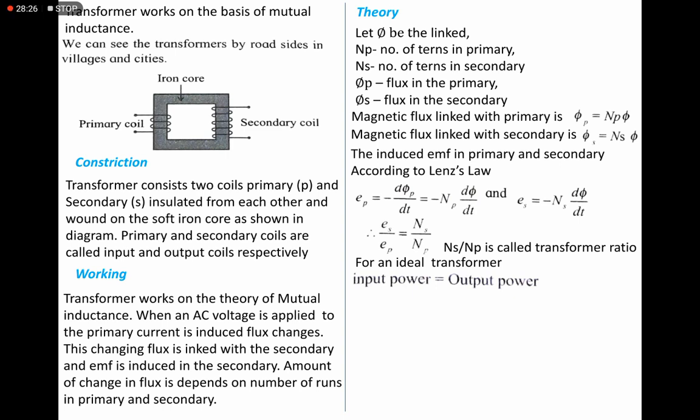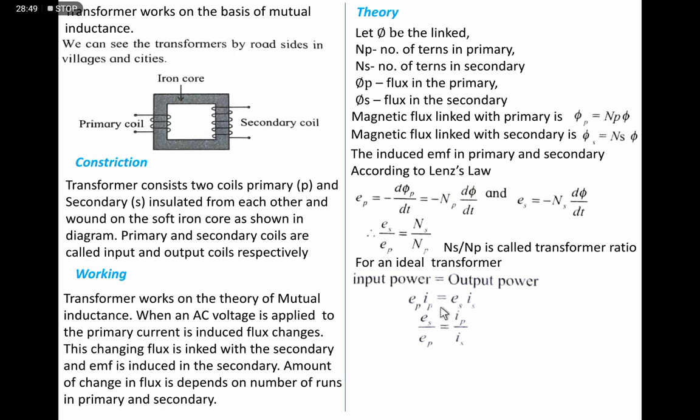Here we'll write EMF in the primary and current in the primary will give us the input power, and output power is the EMF induced in the secondary and current in the secondary. So from this we'll write ES by EP is equal to IP by IS.